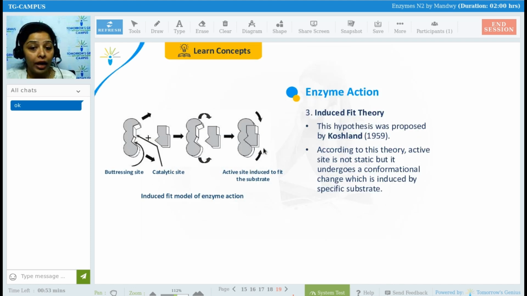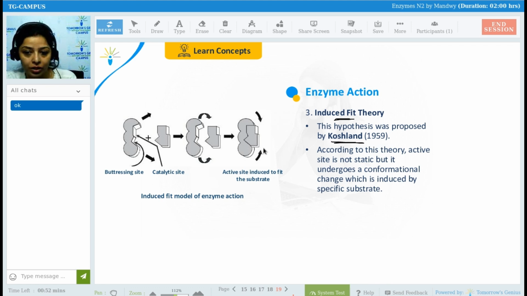Now let's see another theory related to the enzyme action, that is induced fit theory. This is not actually a theory, but a hypothesis because it was not proved. This hypothesis was given by Koshland.